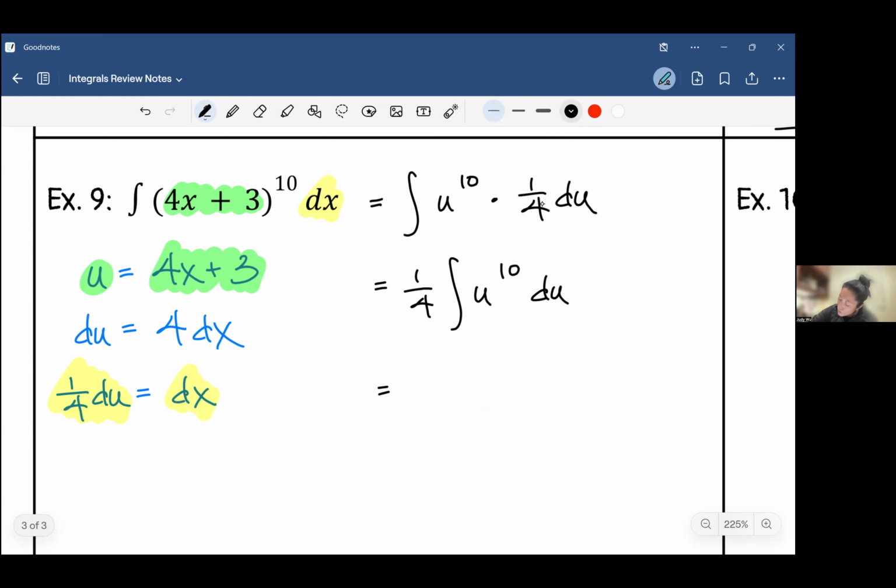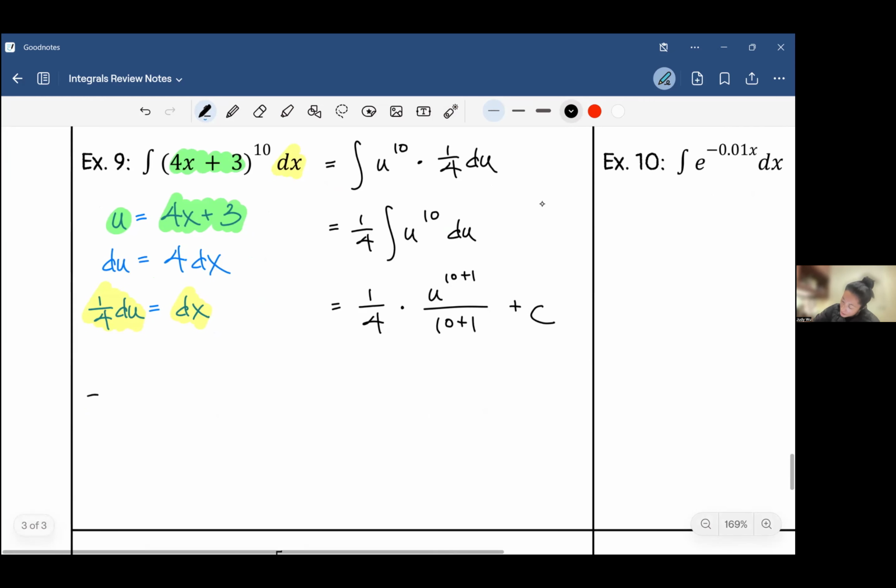We're going to use our power rule here. 1/4 times u to the 10 plus 1 over 10 plus 1 plus c. Let's clean this up. So I'm going to have u to the 11th over 4 times 11, which is 44, plus c.